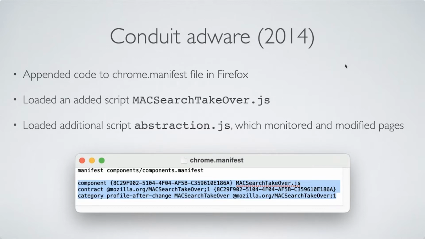In this case, this variant of Conduit appended code to the chrome.manifest file in Firefox. It added a script that would load macsearch.takeover.js. So when you would run Firefox, this would result in that Mac search takeover JavaScript automatically running as soon as you started up Firefox.